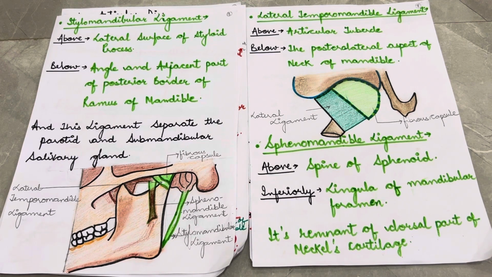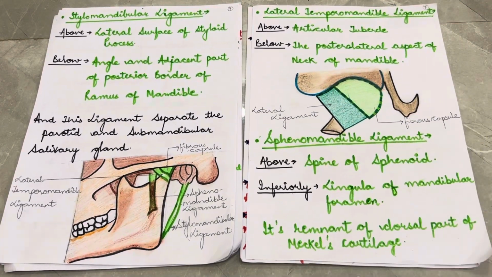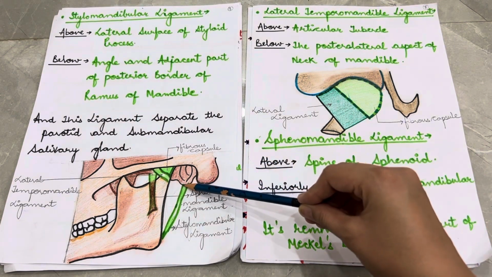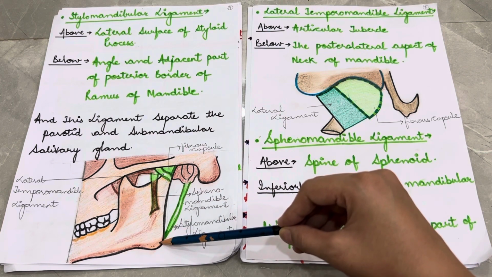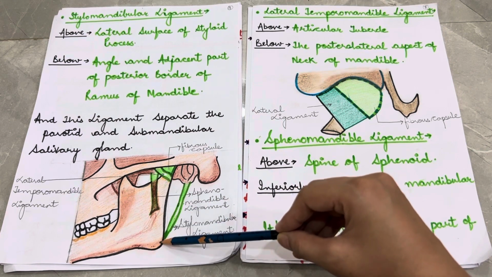The next one is the stylomandibular ligament. Above, it is attached to the lateral surface of the styloid process, and below to the angle and adjacent part of the posterior border of the ramus of the mandible.